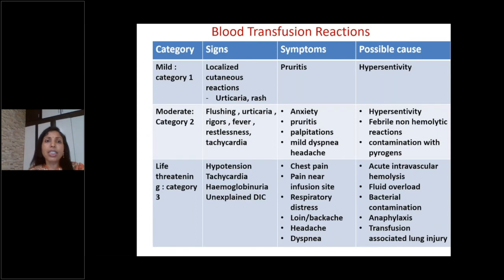They can be mild, limited to the skin as urticarial rash, pruritus, hypersensitivity, or moderate with flushing, urticaria, restlessness, tachycardia, palpitations, dyspnea, and febrile reaction. Or it can be life-threatening, where you may face hypotension, tachycardia, hemoglobinuria, tightness in the chest, headache, dyspnea. So you divide them into different categories.